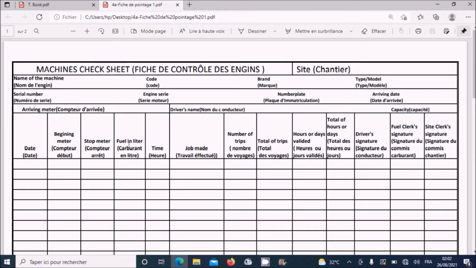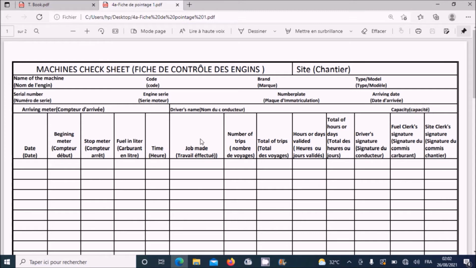Here we have the quantity of fuel. Here we have the time. This column concerns the time of fuel service. So it can be at 5 o'clock, 6 o'clock. You put the time here.